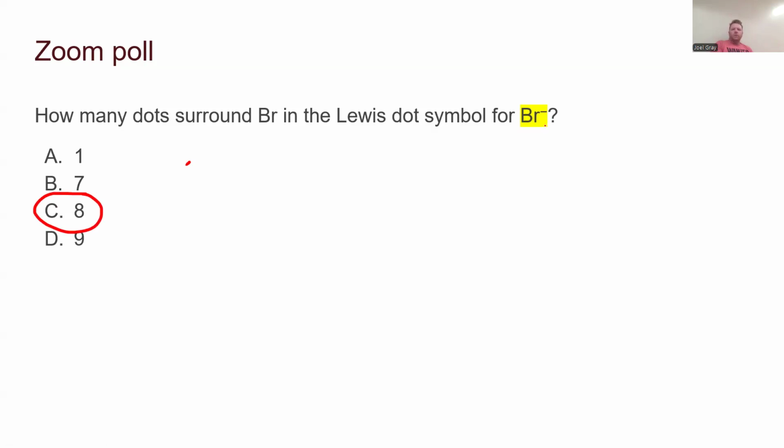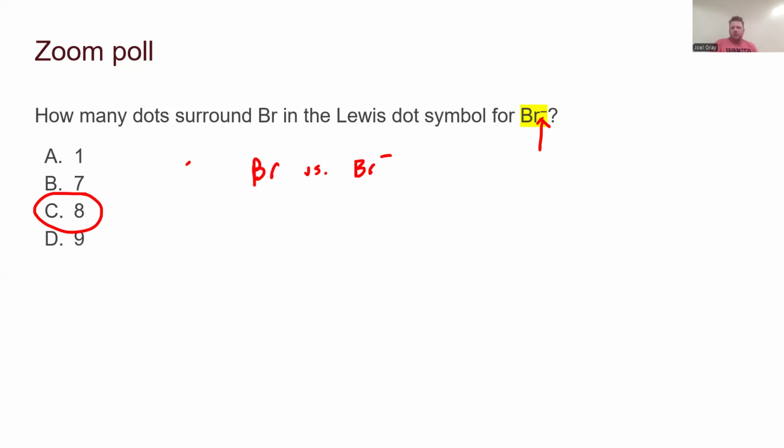Now, the tricky part about this is that negative is significant, because this is really Br versus Br minus. Are they the same thing?